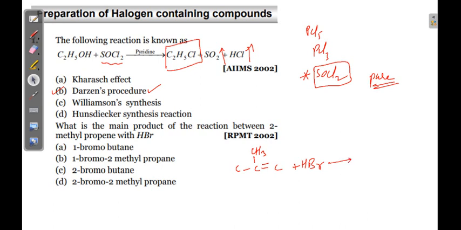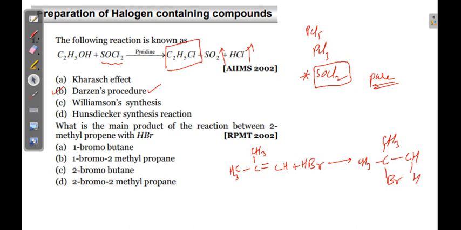Electrophilic addition reaction takes place. So the Br will attack the more stable carbocation, where fewer hydrogens are present. So now the bromine will go to the middle carbon, CH3, CH3, here bromine. This is known as the Markovnikov product.